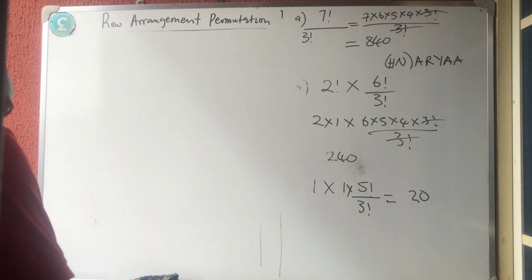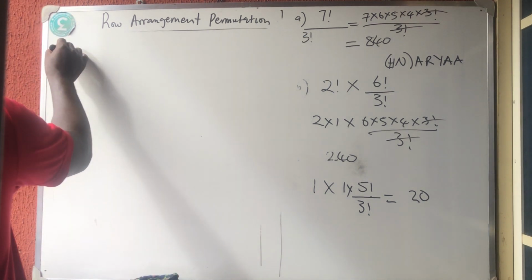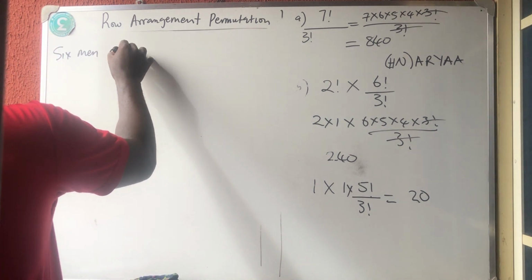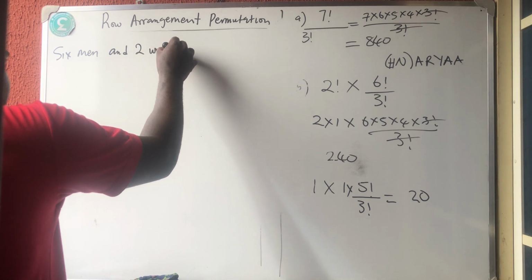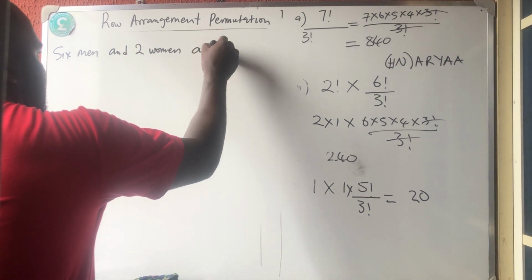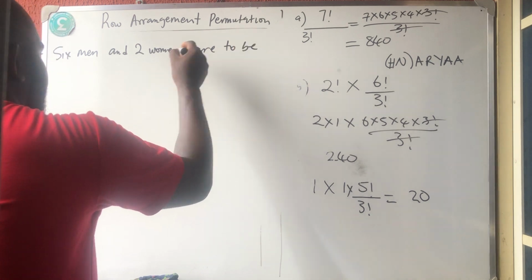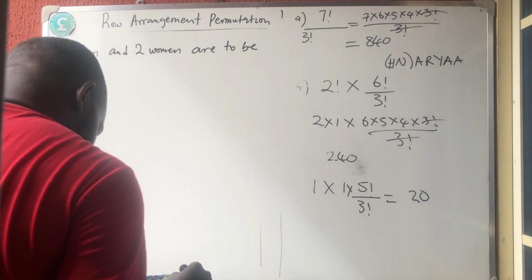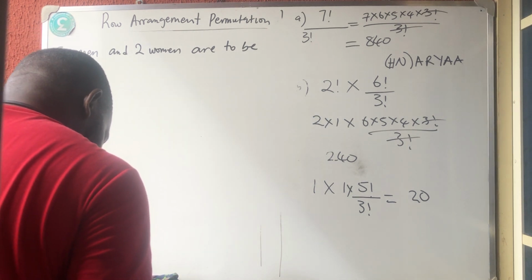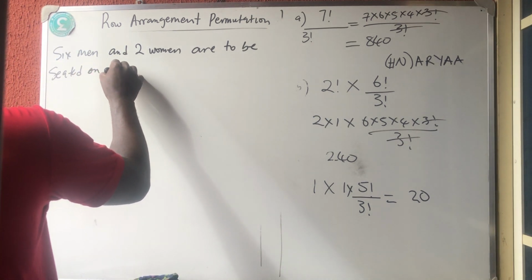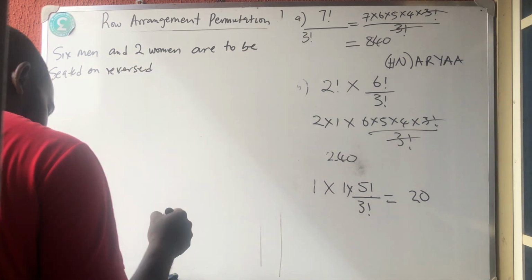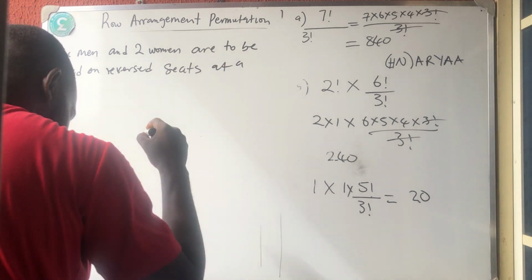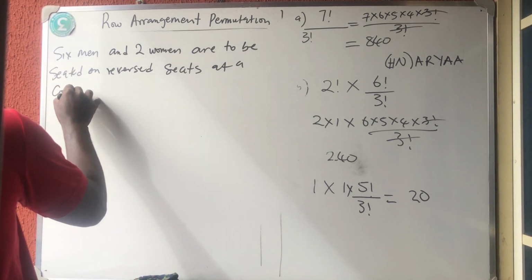Okay, take this assignment. 6 men and 2 women are to be seated on reversed seats at a conference.